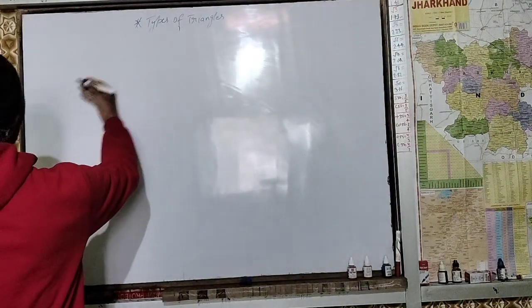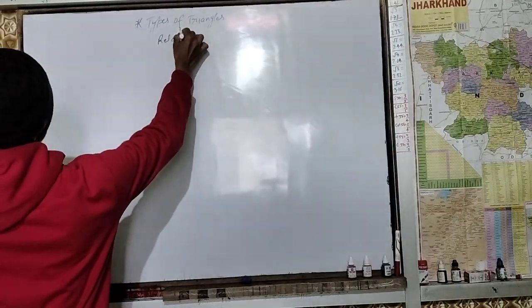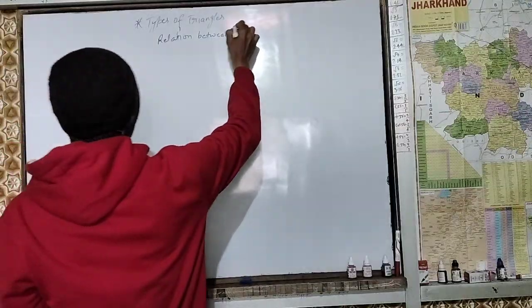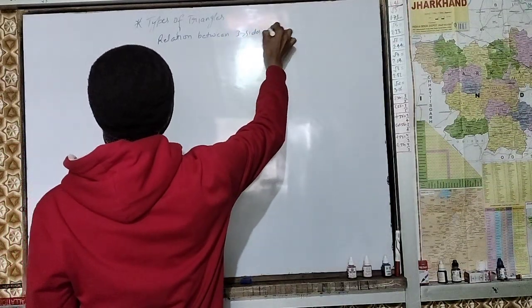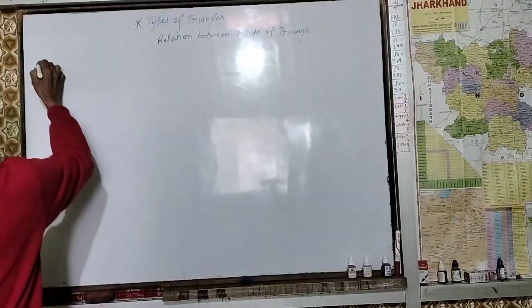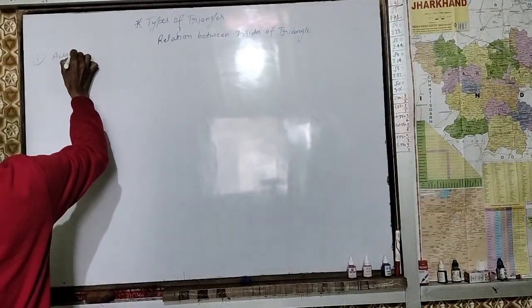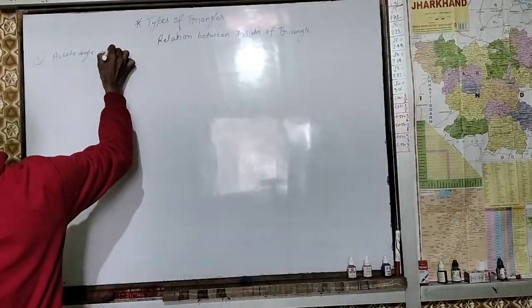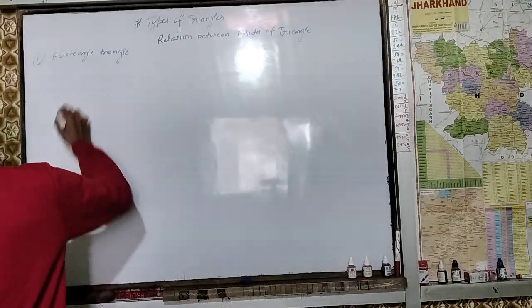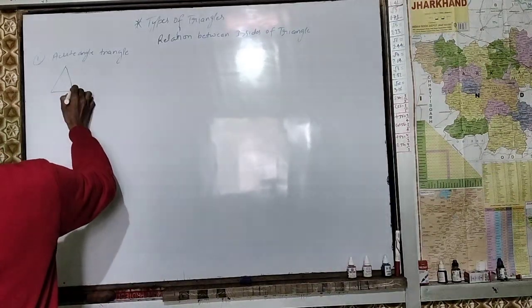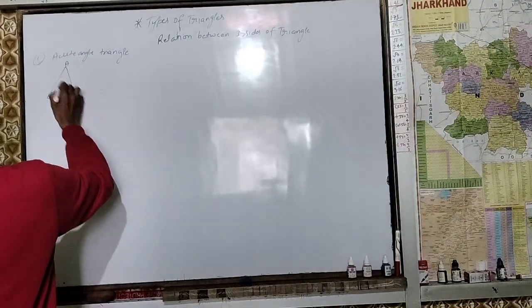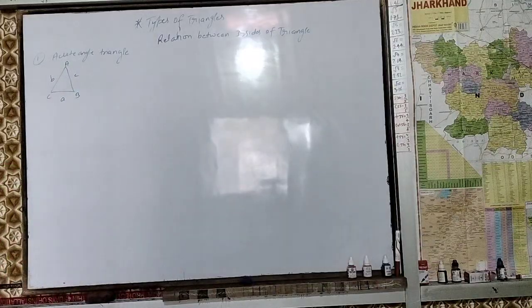Relation between three sides of a triangle. First we have the acute angle triangle. Look at over here.